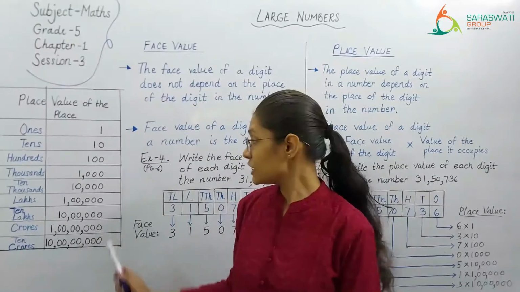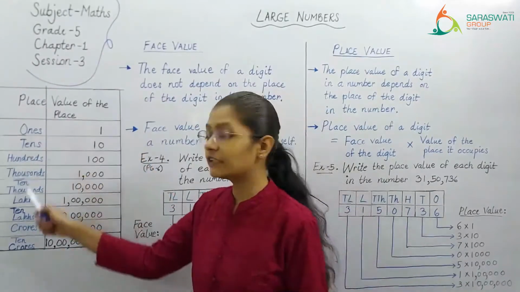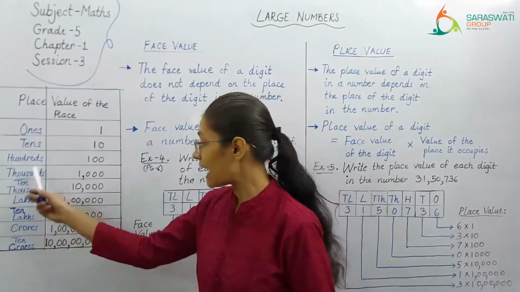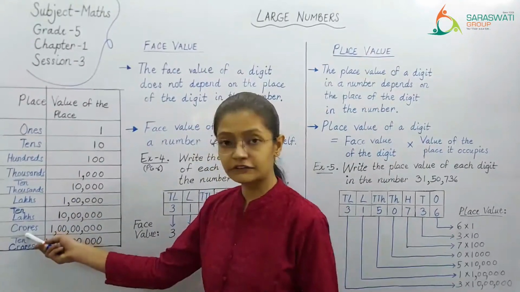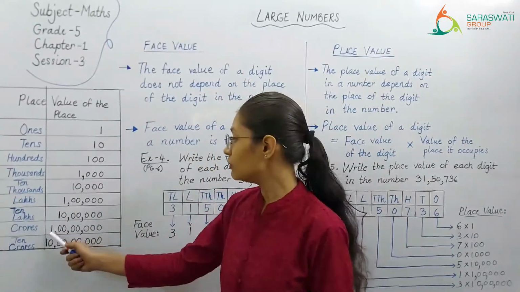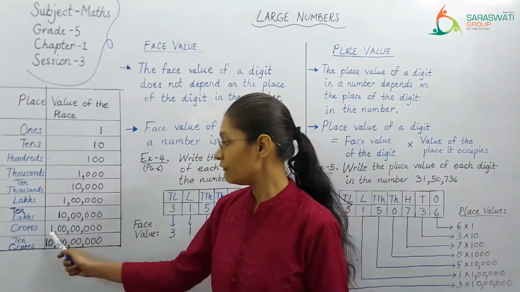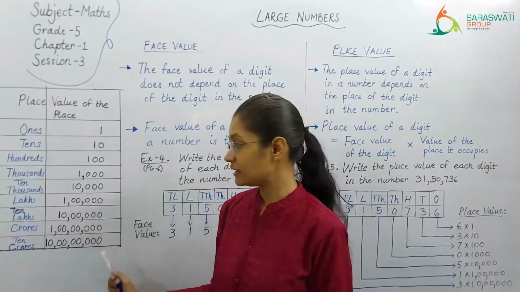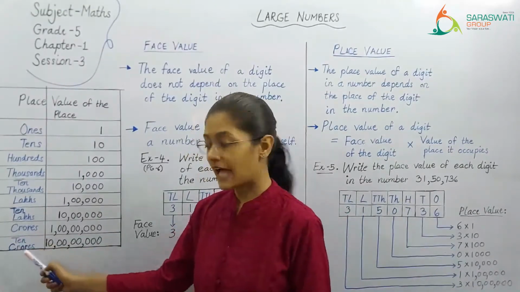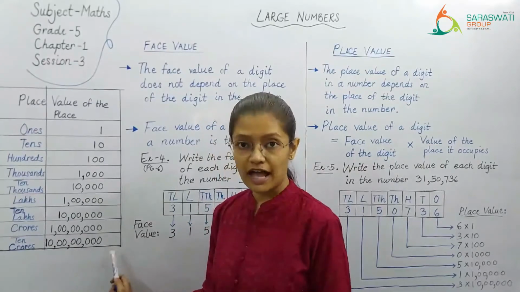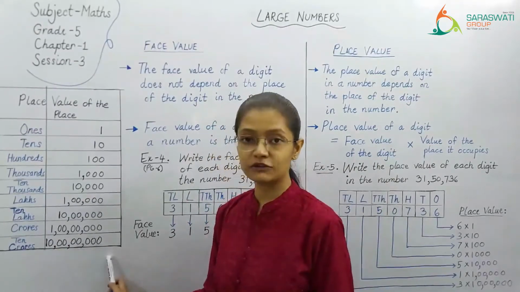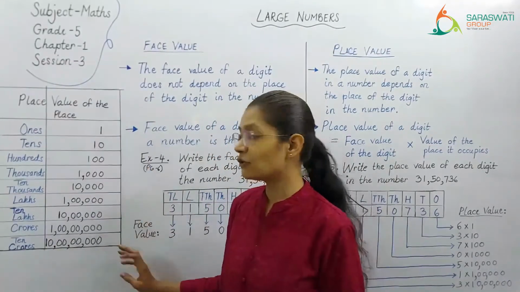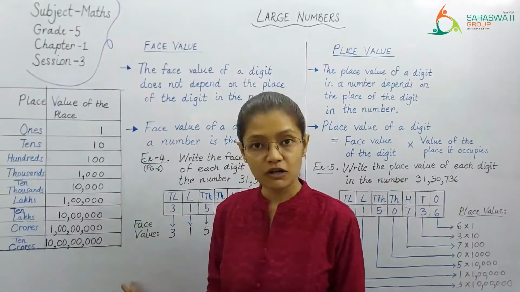So we should remember each of these values for each of the places. Even for the higher places, for example, crores place has the value 1 crore, 1 followed by 7 zeros. Similarly, 10 crores place has the value 10 crore, 1 followed by 8 zeros. So all these values of each place should be by heart to us.